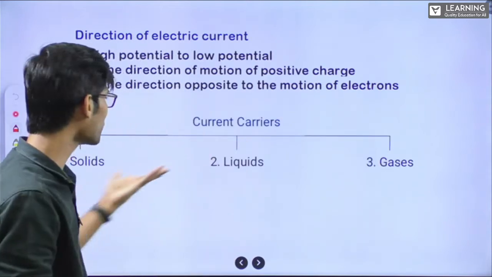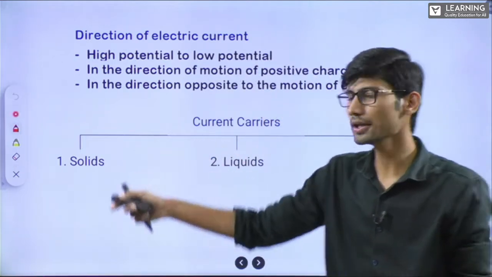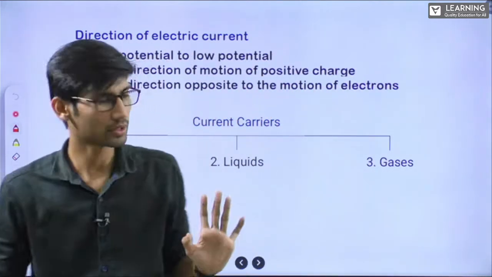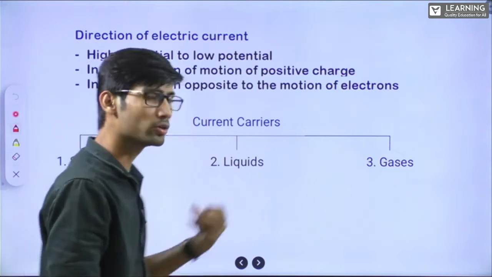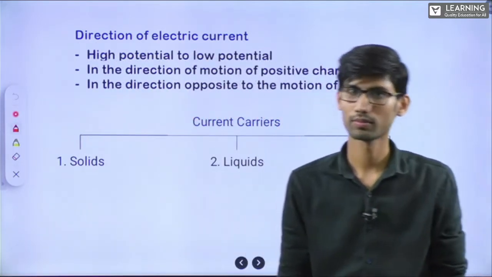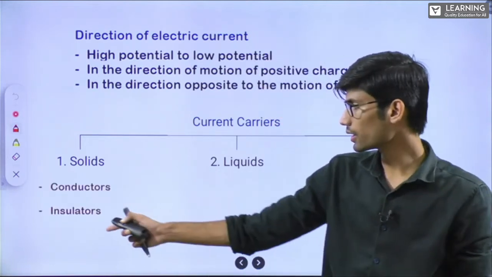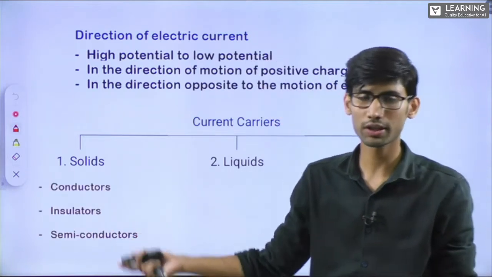So now, current carriers. We know there are three states of matter: solid, liquid and gas. Okay, in all the three, some current carriers will be there. If I talk about solids, we know conductors, right? We know insulators, right? We know semiconductors, right? There are three kinds of solids.